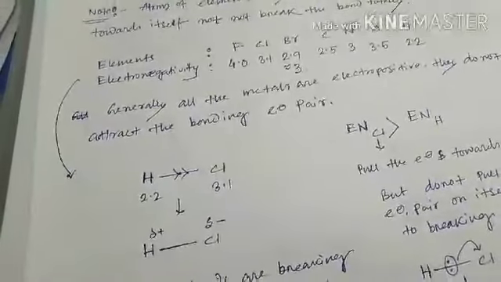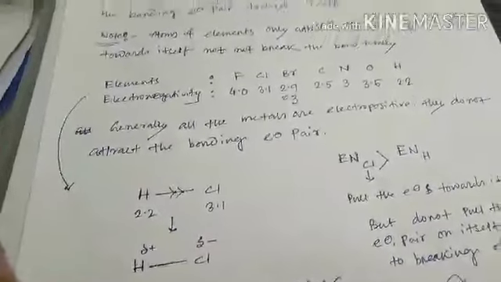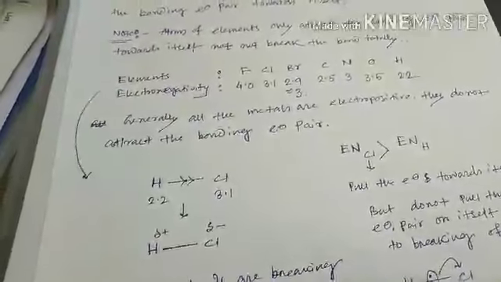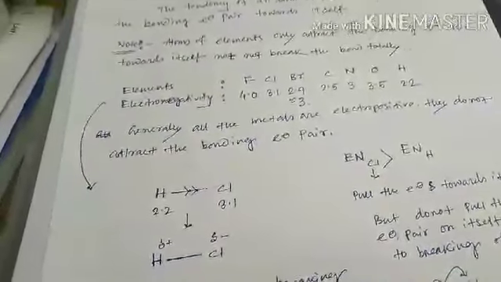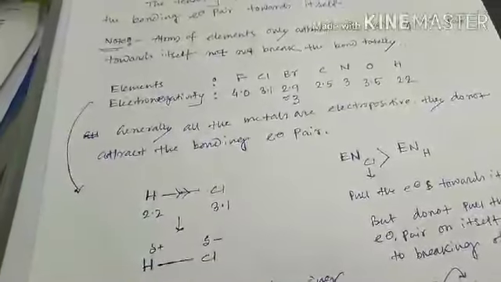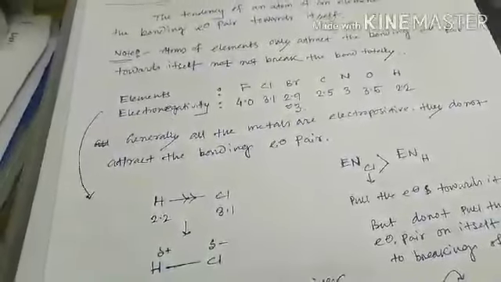That makes Cl delta minus and hydrogen delta plus. You may have a doubt about the delta: what is delta, and why do we use delta minus rather than the discrete charge minus, or delta plus rather than plus?